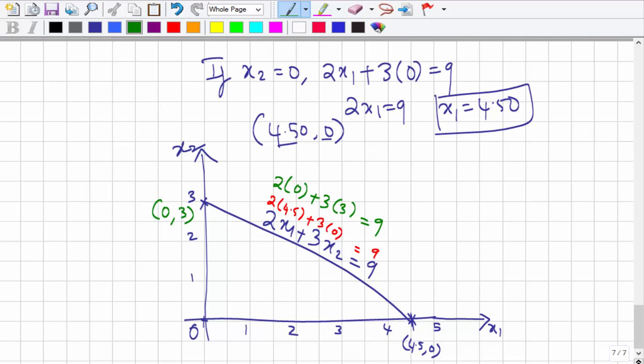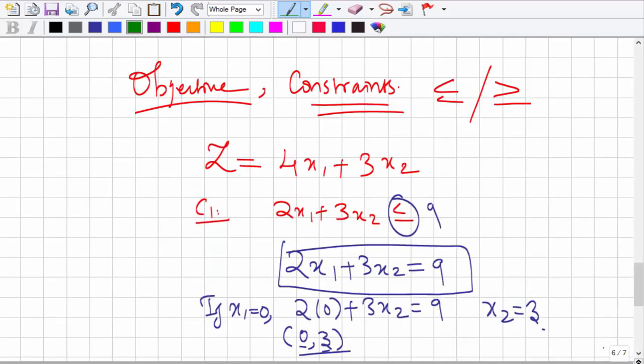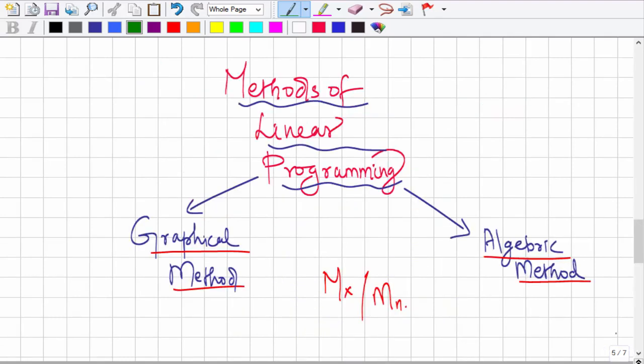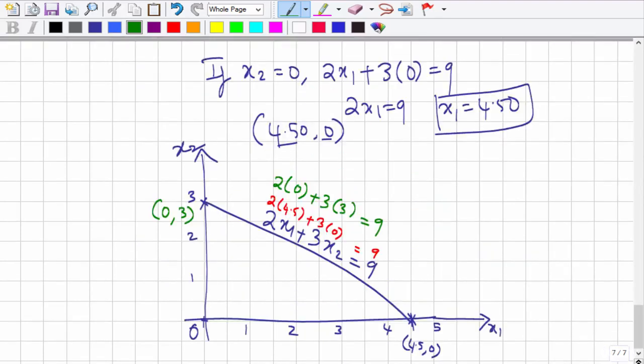But let's go back to the case. The case says this should be less than or equal to 9. It means your focus area, or your solution space, the space which complies with the constraint, should be less than or equal to 9.